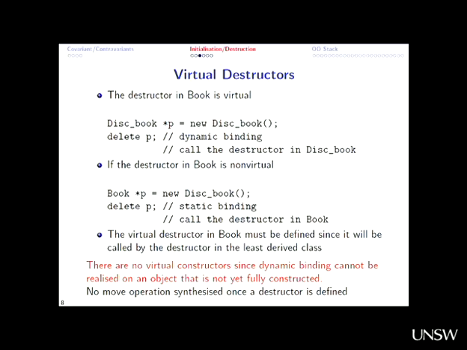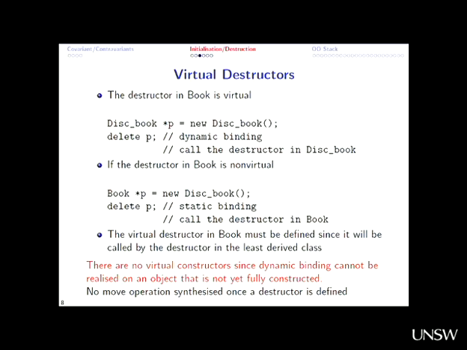Sometimes people do. Actually, my solution to assignment 3 did, because my copy constructor called a function I'd written called copy graph. But it's not ideal, because you should not assume the object is fully constructed until the constructor returns. And so constructors cannot be virtual, because it doesn't make sense for that to happen.